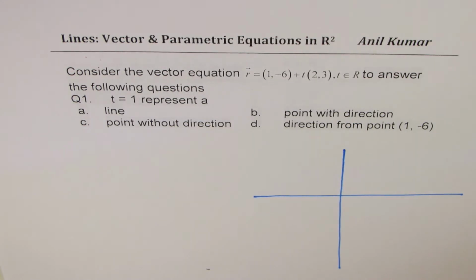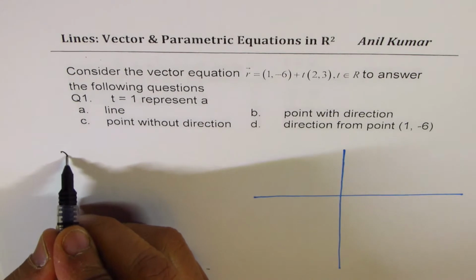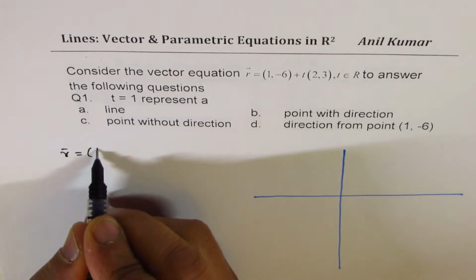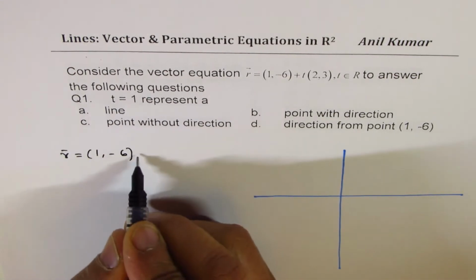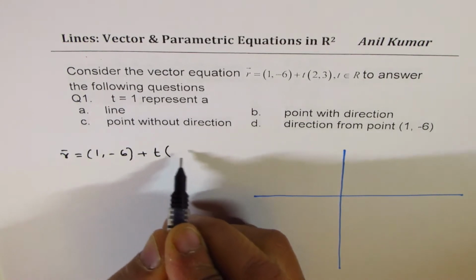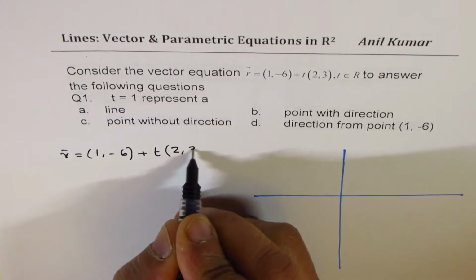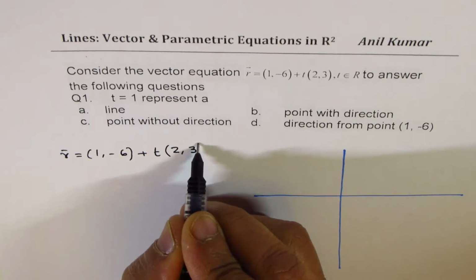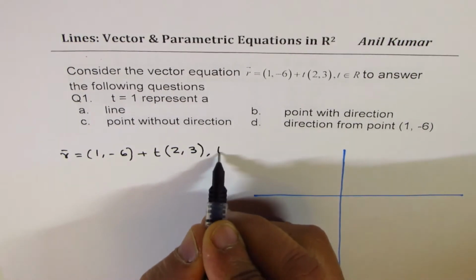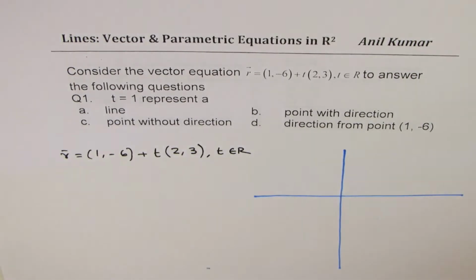When we write r equals (1, -6) plus t times the direction vector, where t belongs to real numbers, then what are we trying to say?